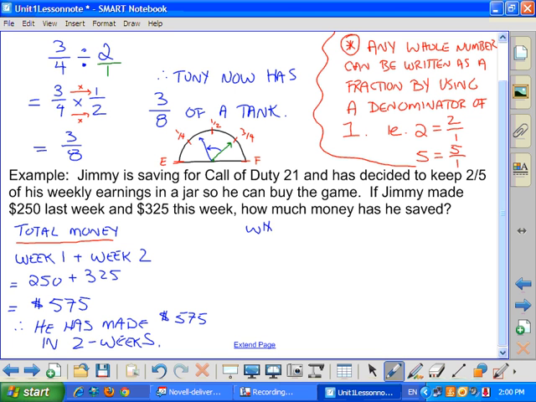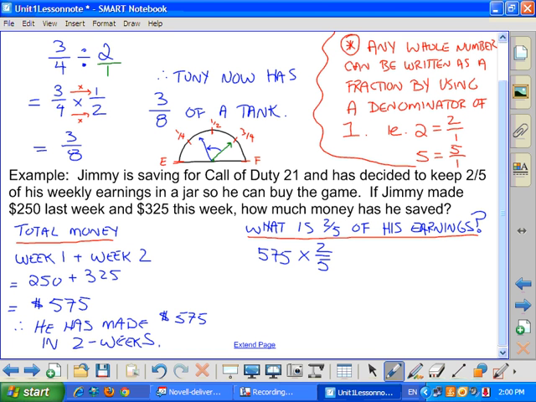So what is 2/5 of his earnings? What we need to do is take how much money he has and multiply it by 2/5. So we take the 575, and we're going to multiply by 2/5.